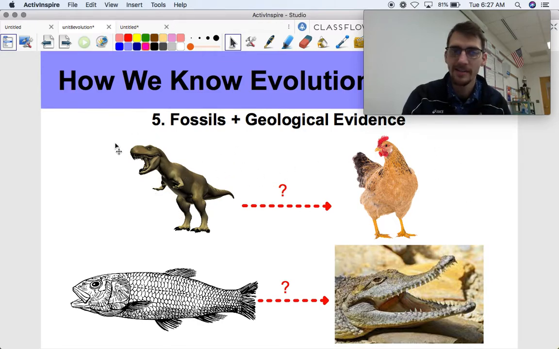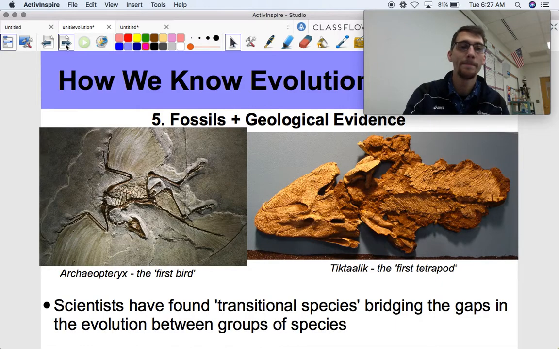So how did a Tyrannosaurus Rex, how did that species evolve into, well, chickens? How did this species of fish evolve into reptiles here, which eventually might evolve into birds? Well, that's because from these fossils and geological evidence here, scientists have found transitional species bridging the gaps in the evolution between groups of species.